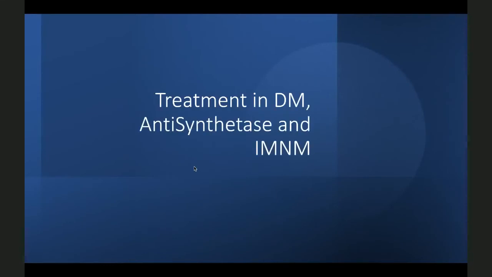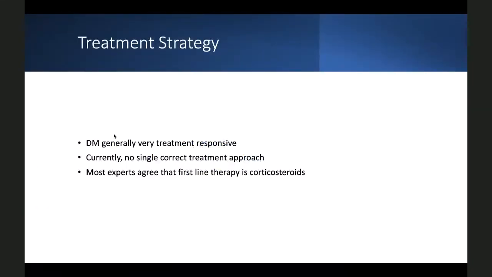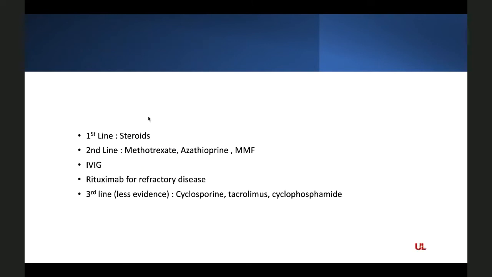So the treatment strategy for DM particularly is extremely responsive to immunotherapy. At this point, we don't have a definitive treatment approach, but the first line for most of the myopathies is steroids. For the second line, we do use methotrexate and azathioprine.